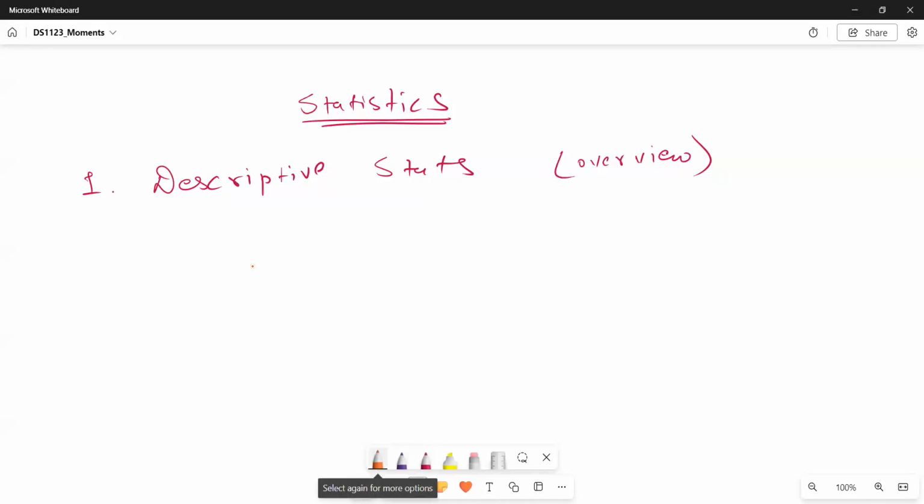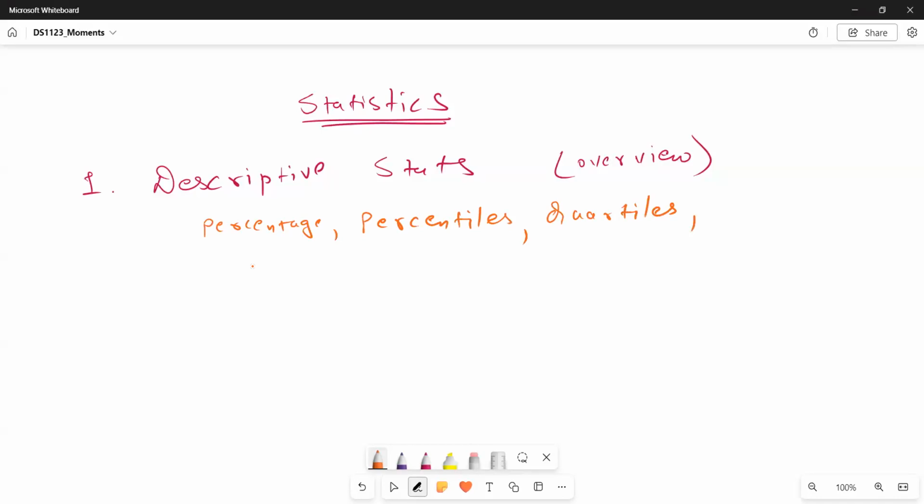So basically, just to give you this idea, in descriptive statistics we have topics like, let's say, percentage, right? Then we have percentiles. Then we have quartiles, right? Then we have the central tendency, which is mean, median, and mode, right? Since we have quartiles, we'll also have the interquartile range, right?